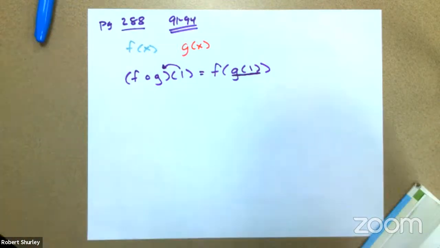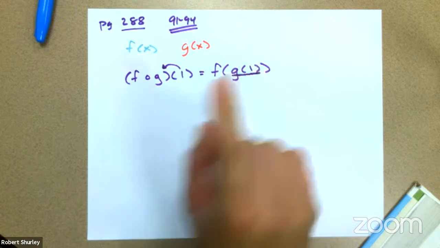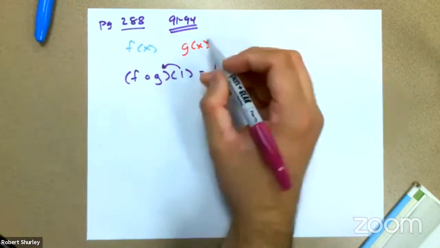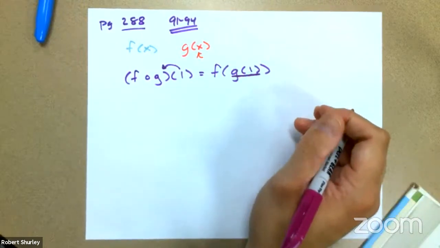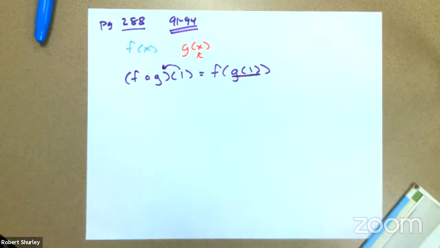Remember, in function notation, if I gave you g of 1, what is 1? Is it the x or the y? It's the x, right? So if we look at our graph, at x equals 1, where is our g function?